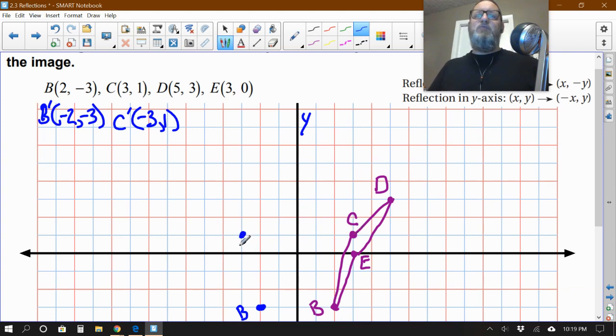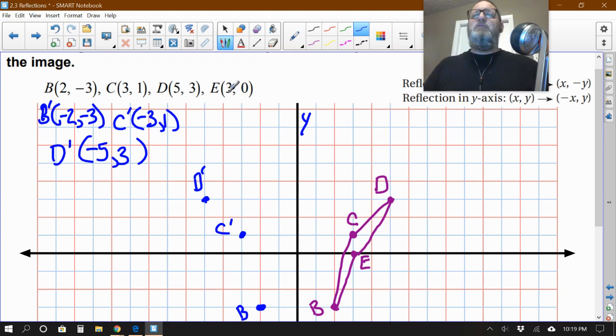And perfect. Looks like it's right across that y-axis from it. There's C prime. D prime, looks like a little apostrophe there. So 5, 3 becomes -5, 3. So -5, 1, 2, 3, 4, 5, 1, 2, 3. There's D prime. Does that look like it's across? Yep, perfect. Across the y-axis.